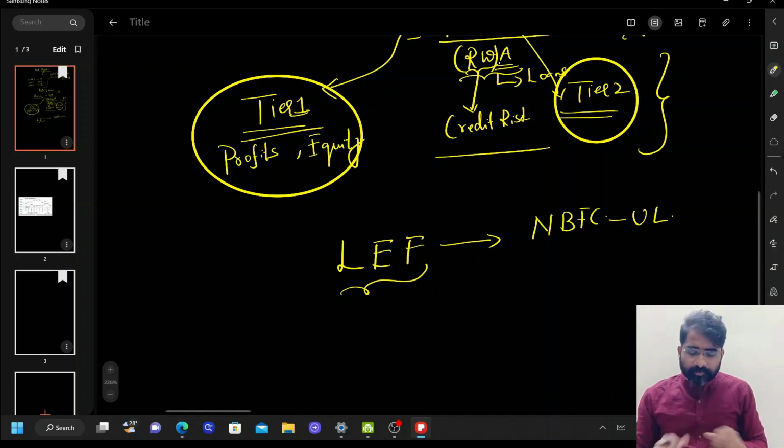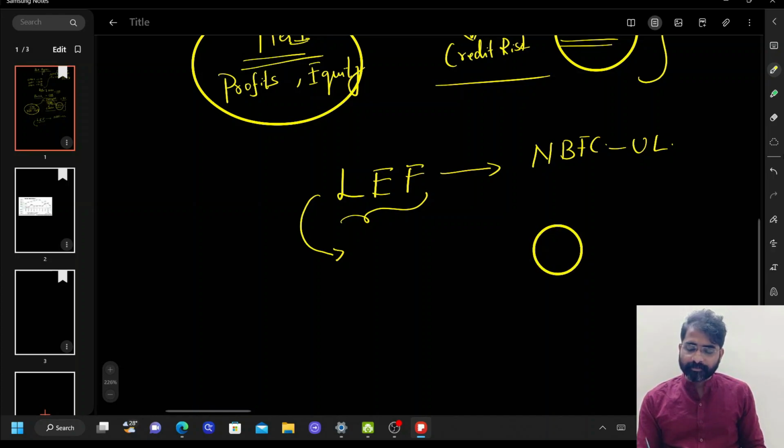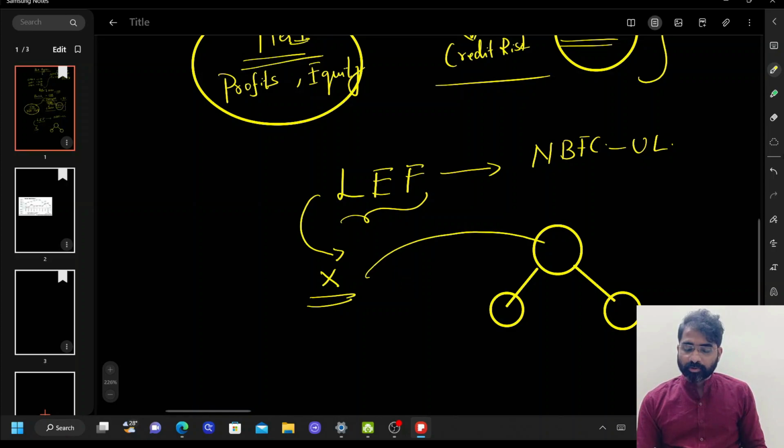Okay, so now here what we should understand is this large exposure framework. For example, there is one particular firm, or there are a group of connected firms like the Adani group of companies. These are connected firms. Now, let's say there's a bank, this X bank has given some loan to this single entity, or it could have given loan to this group of connected entities as well.